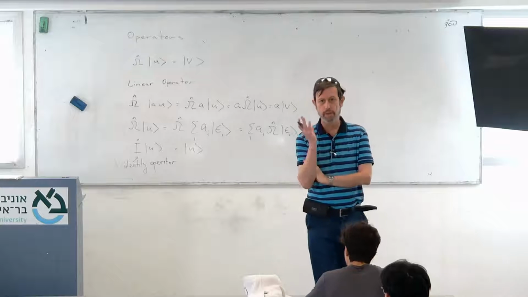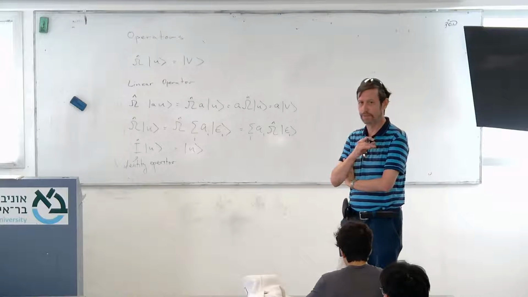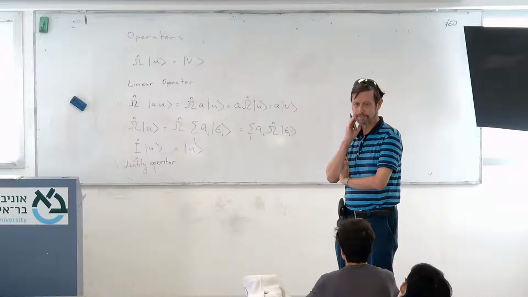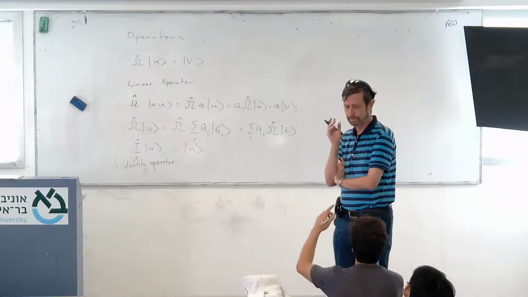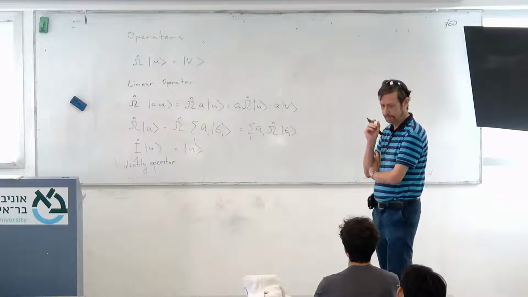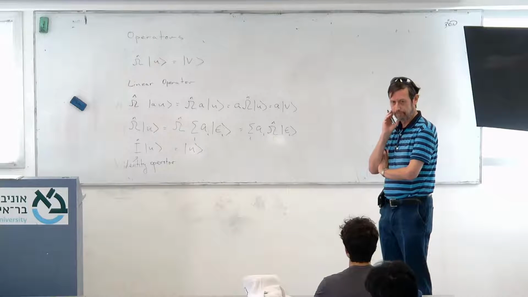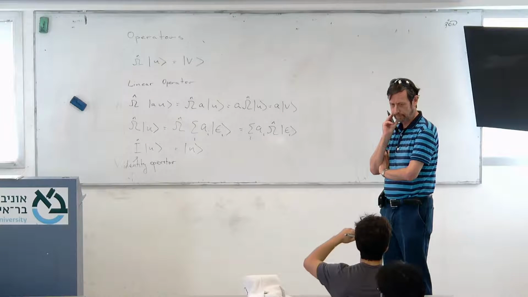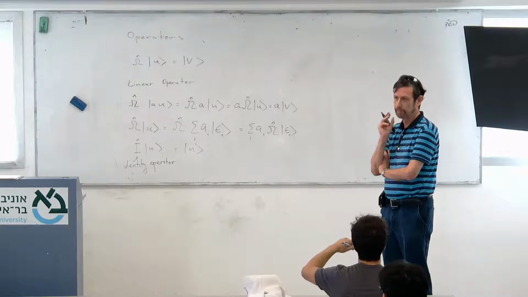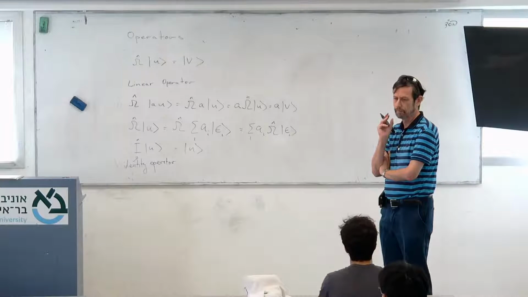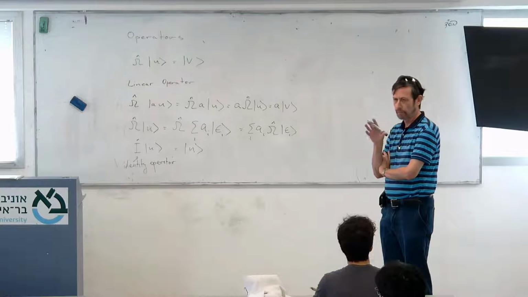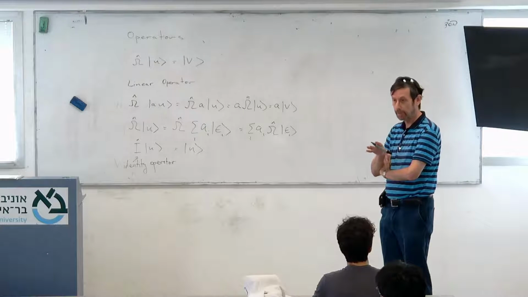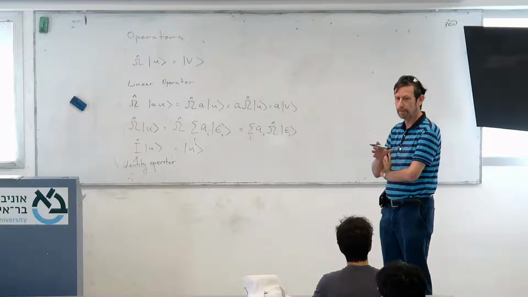Can someone guess why I need this trivial definition? For example, if you want to use a scalar times U, that would be the scalar times the identity operator times U, and then you could use it in more difficult and complex equations.